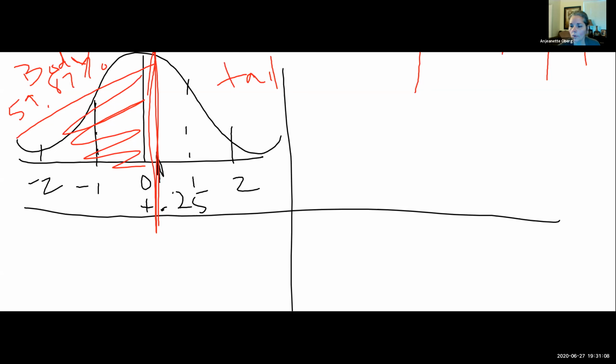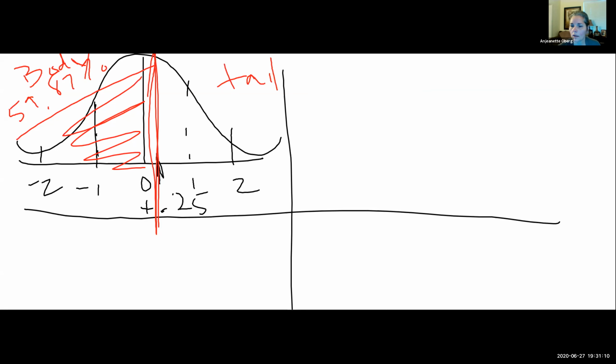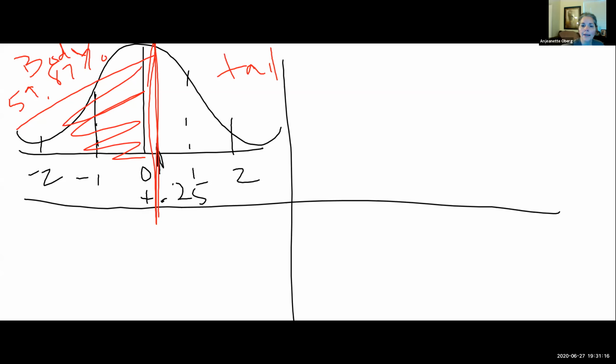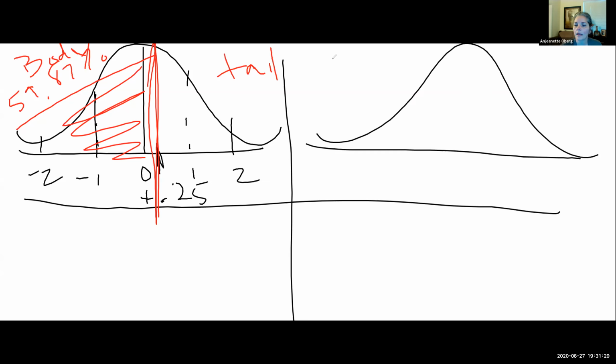Now my next one, I'm going to look at greater than 0.80. So let me draw my normal distribution. And here's my 0, here's my 1, here's my 2, -1, -2.